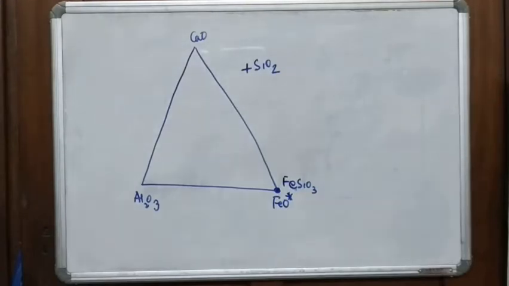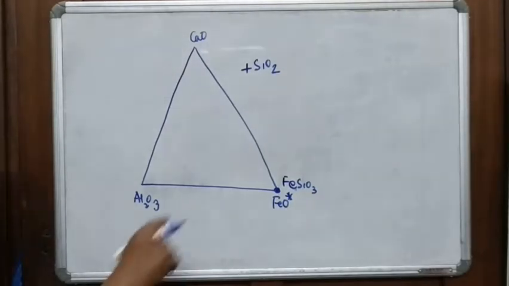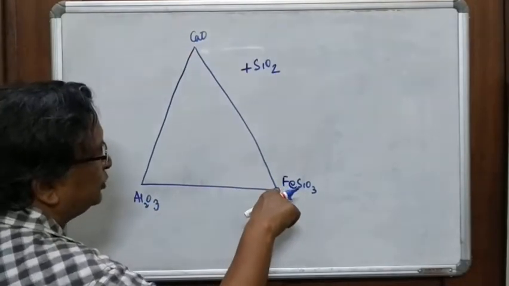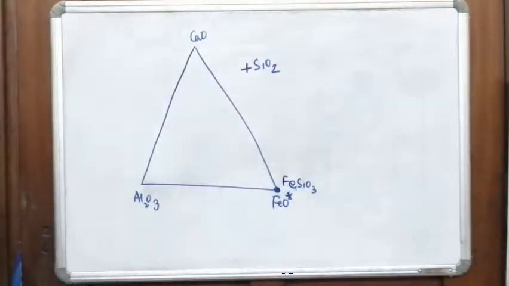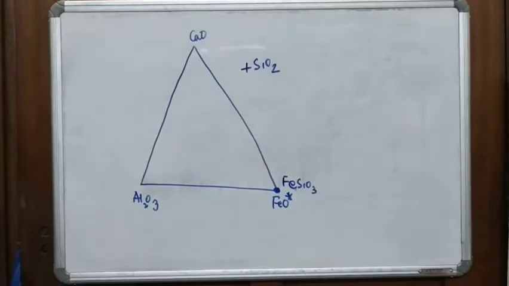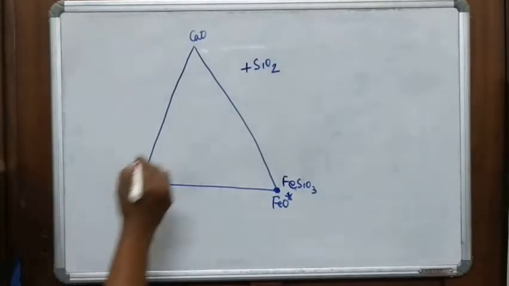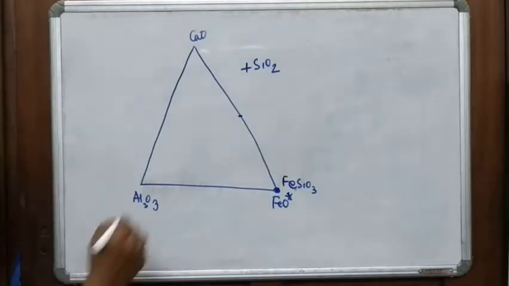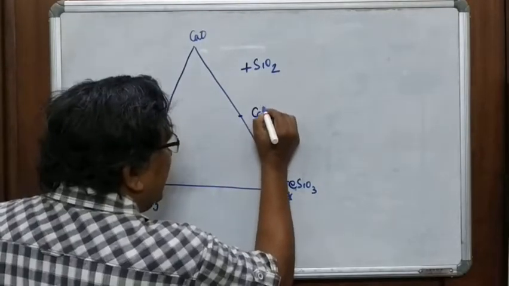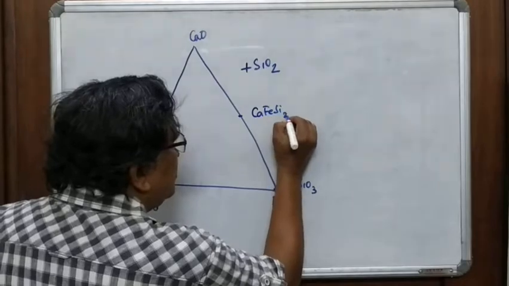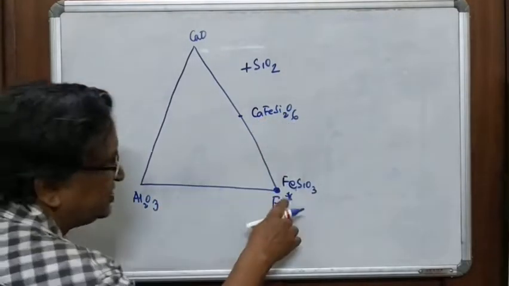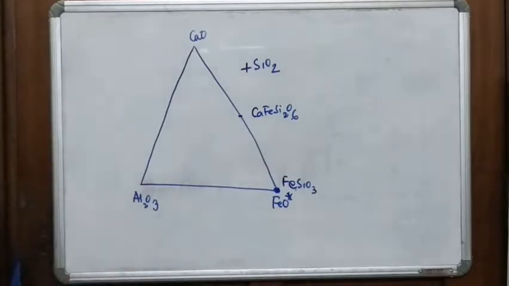And then here this is CaFeSiO3. If I take CaFeSi2O6, which is the diopside-type composition, then it should plot at the middle point. So this is CaFeSi2O6. Just remember Fe is star here and not actual Fe.